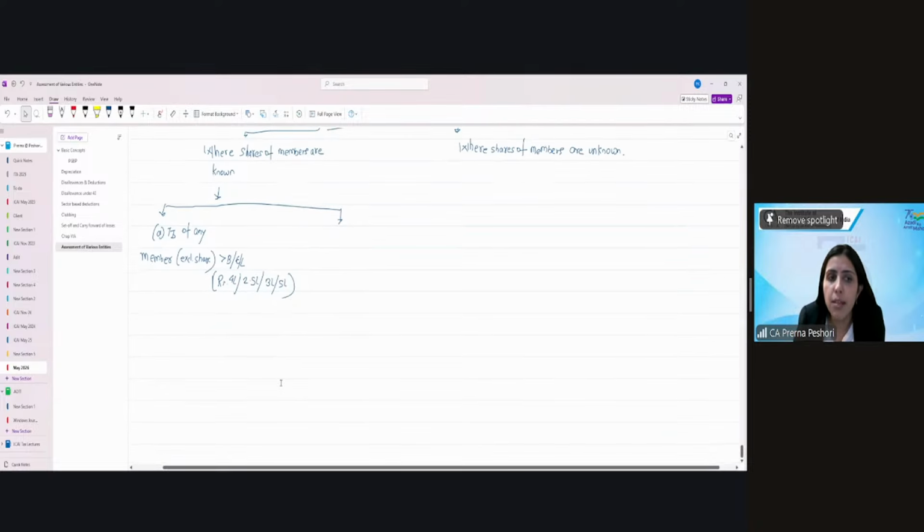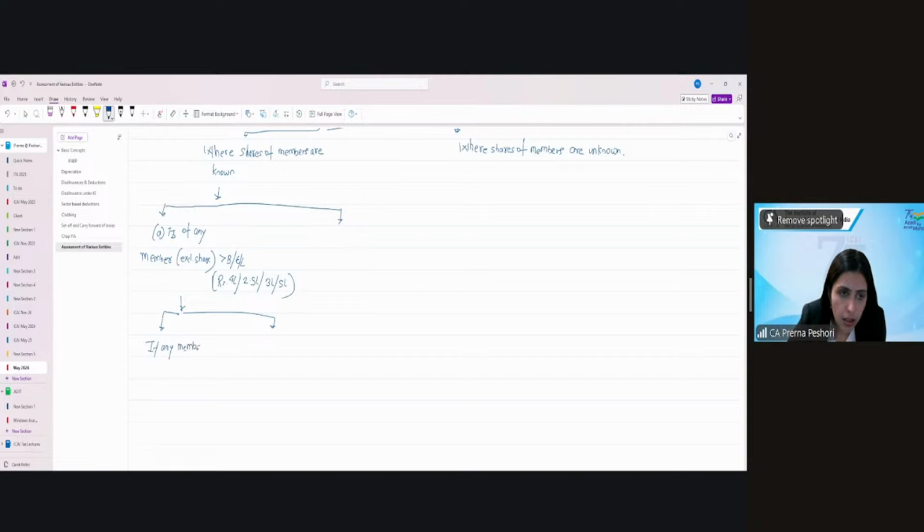So if the total income of any member is greater than the basic exemption limit, again there we have further subcategories. If any member has a tax rate of greater than MMR, for example, a foreign company.